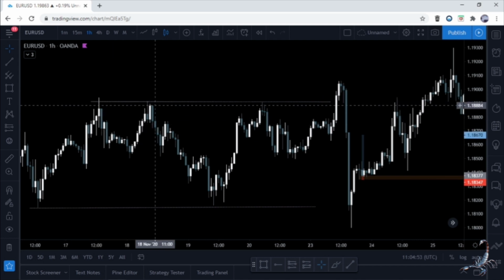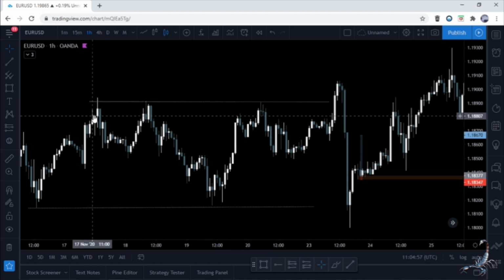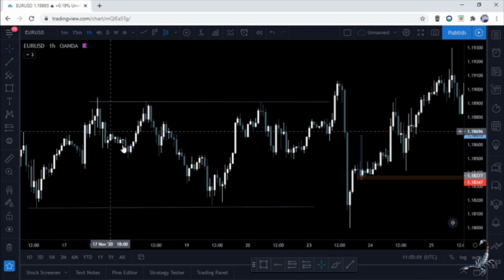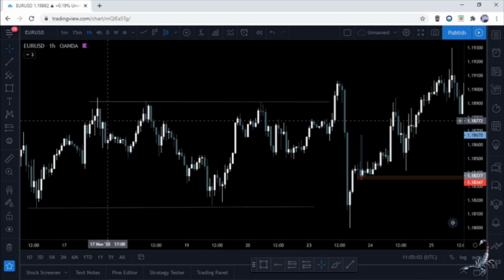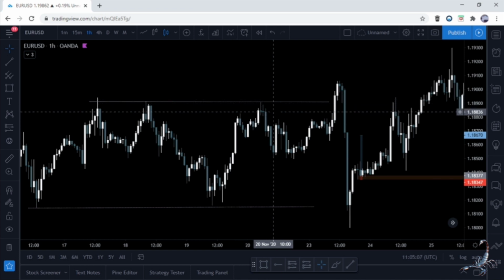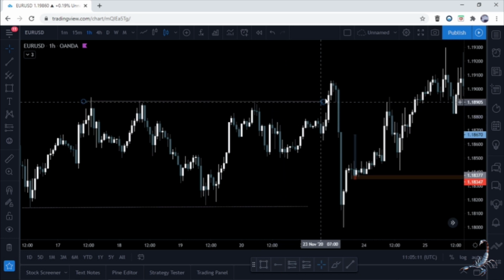Price tests that level, but you'll probably only be able to notice it on the third touch, because you can't take one touch, and some people don't take two touches, but this is a clear double top, so you could take that. But price comes and tests this level, and then it moves down correctively, and price immediately violates the level.